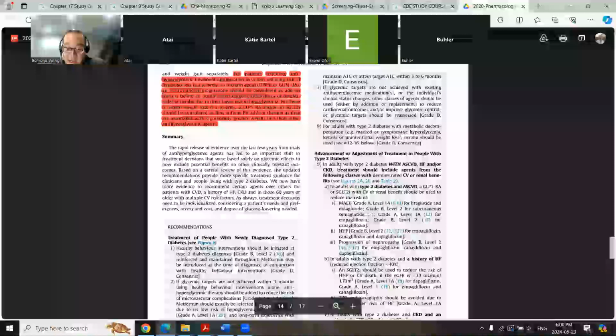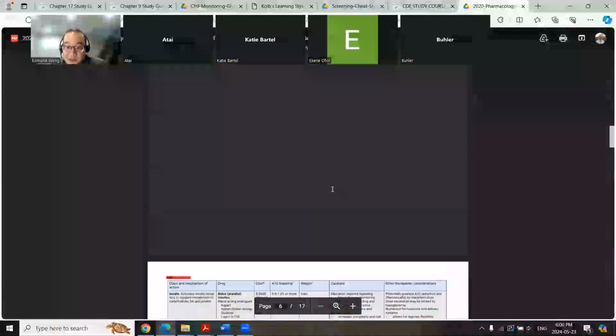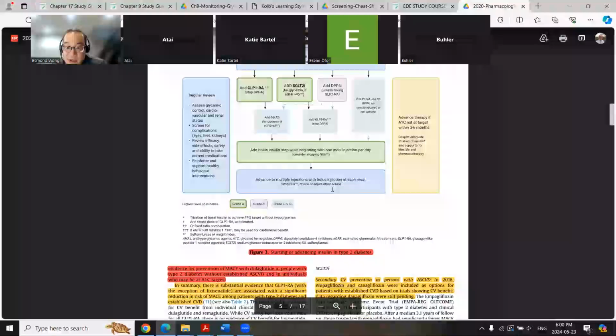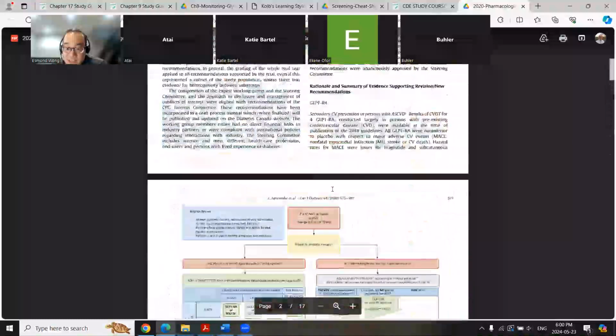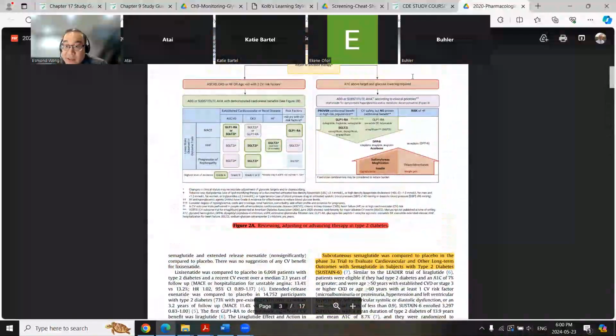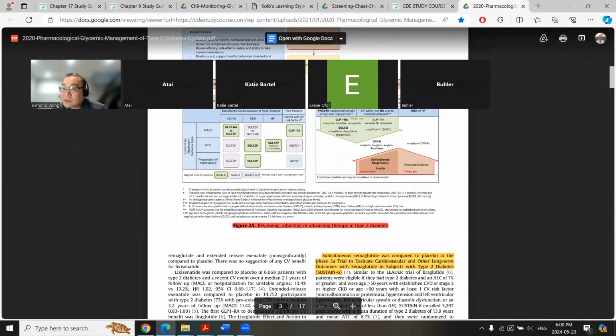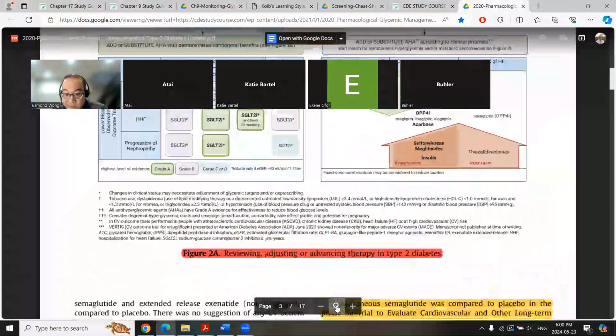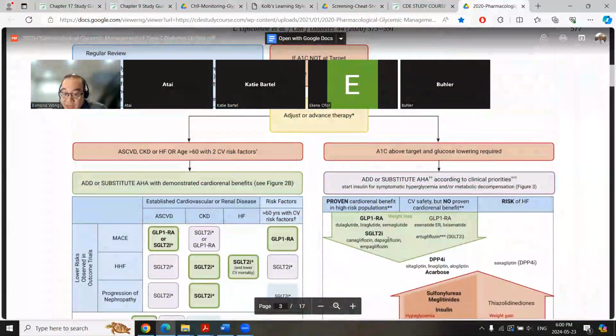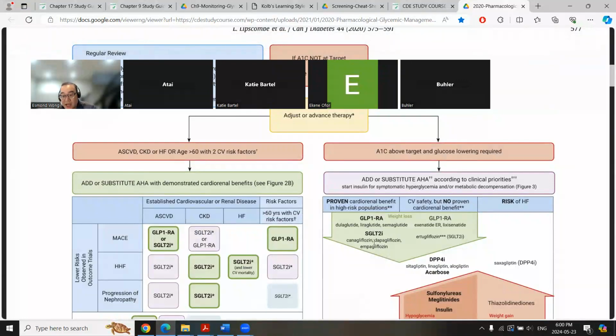So here you can take a look at a couple things. This is the chapter update, and let me just zoom in a little bit. Sorry, with Zoom, I have a million buttons everywhere. Here it is. You can see here that with the SGLT2s, for renal benefits, they've got all three cardiorenal benefits.